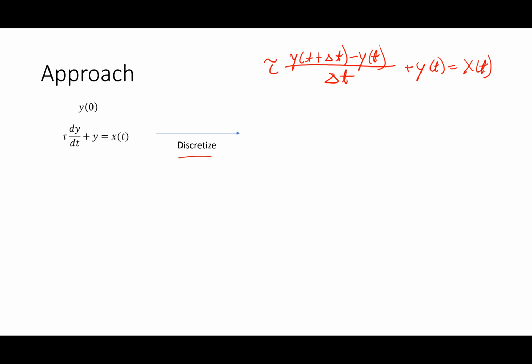I have to give you that. So if you think about it, what else do I have to give you? Well, I have to give you whatever the input is, x of t. So the input's going to be a step function, or a sine wave, or whatever. So you're always going to know x of t, and you're always going to know y of 0. What do you not know?